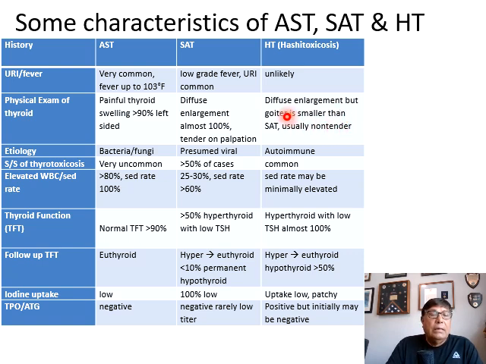Again, the difference is right here. As you can see, thyroid function is normal in acute suppurative thyroiditis, and as I said, in SAT more than 50% are initially hyperthyroid and then become normal within weeks or a month, and TSH, as in the graph we saw on the previous slide, goes up slowly to bring the thyroid function within normal limits.